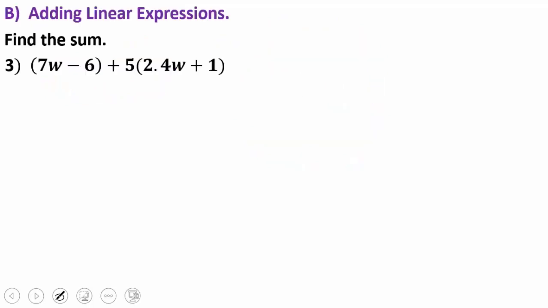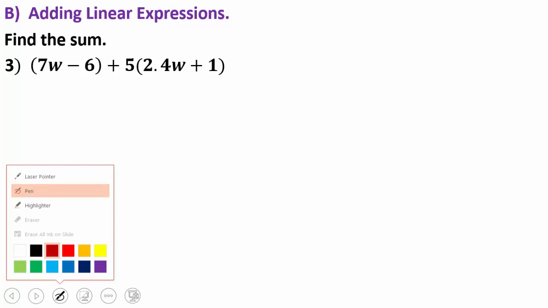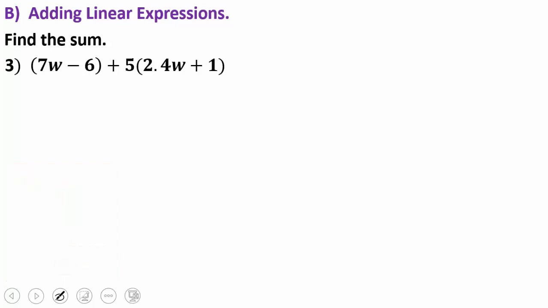Doing a couple more when we're adding linear expressions, but this time we have to simplify first. It's not eliminating the parentheses, but it is simplifying by making this expression simple. This second expression is not simplified because we're multiplying it by 5.